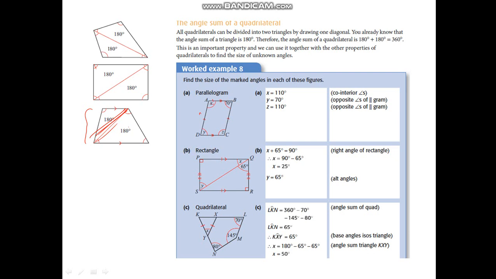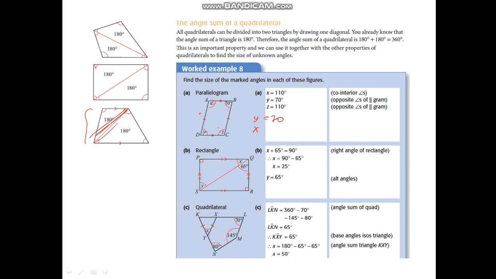For example, x is equal to z. When you find x, you also find z, and when you find y, you will also find b. We need x, y, z. First of all, I know that y is equal to 70 because of opposite angles in a parallelogram. Y is equal to 70.